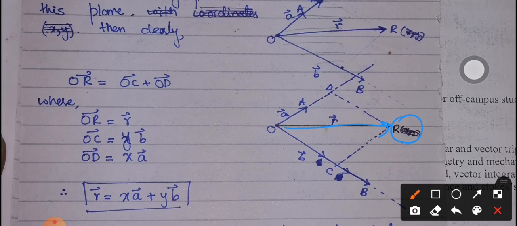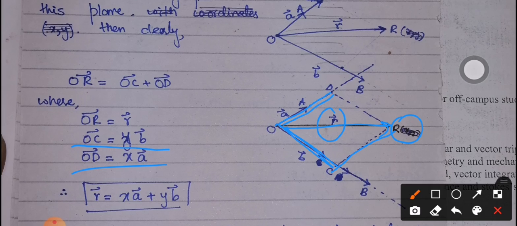If I draw the corresponding component vectors, here OC will be the component vector, and OD will be the component vector for the position vector r. If OC and OB are parallel, they must be scalar multiples of each other. So OC will be equal to y times b, where y is a scalar, and OD will be equal to x times a, where x is again a scalar.